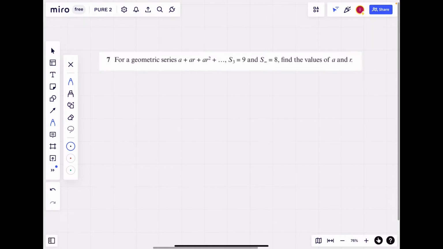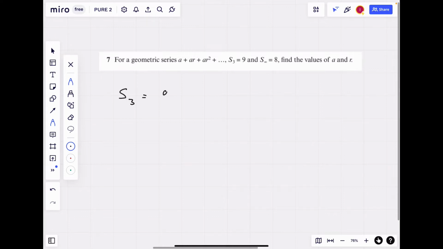For a geometric series, a plus ar squared, S3 is 9 and S infinity is 8. Okay, how can you write S3 using a's and r's?